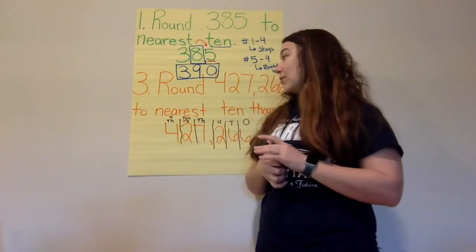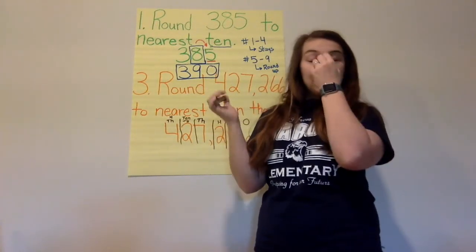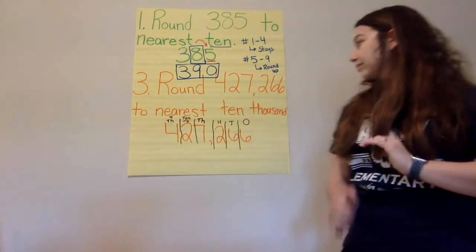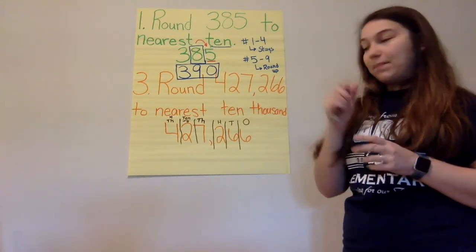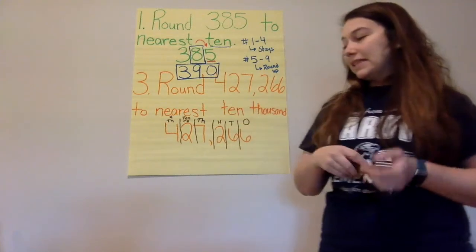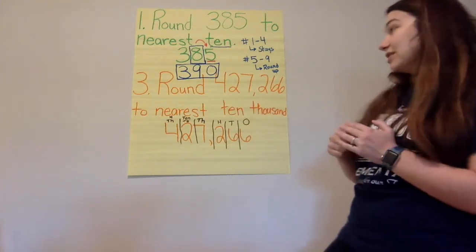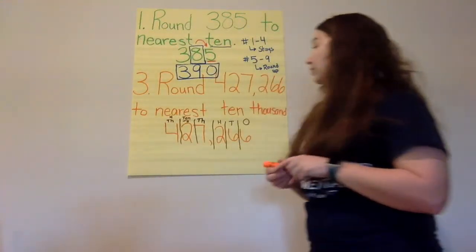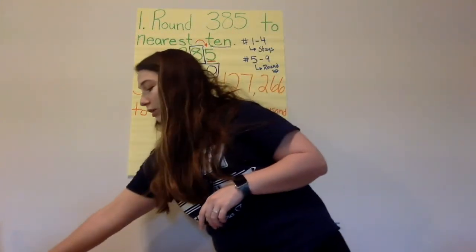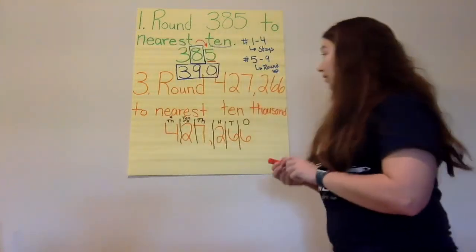So now that we've done that, do we know where our 10,000s is? Go ahead and box it on your paper. Which one of these places is our 10,000s? All right.